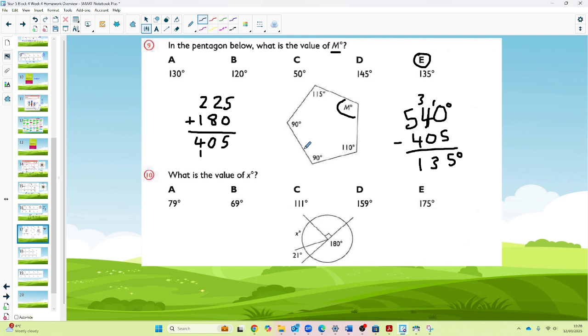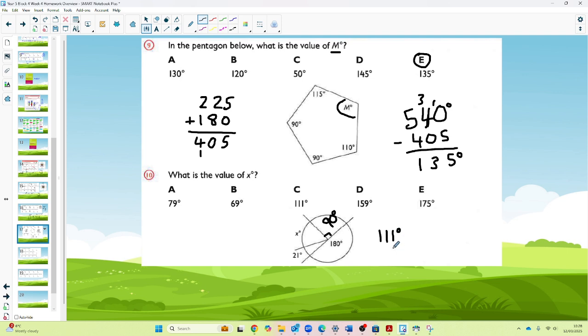We've got, what is the value of x? So this diagram here quite clearly shows you've got a straight line, so that's 180 degrees. And then when we have a box like that, that indicates to us that that is a 90-degree angle. So 21 and 90 is going to give us 111 degrees.